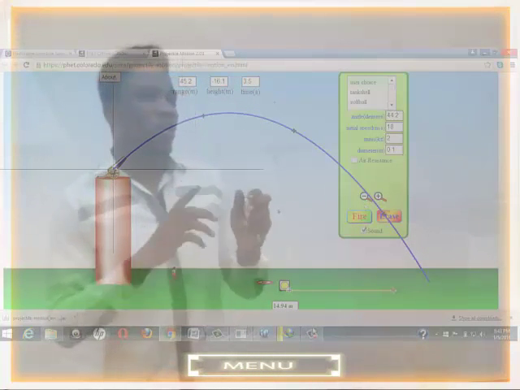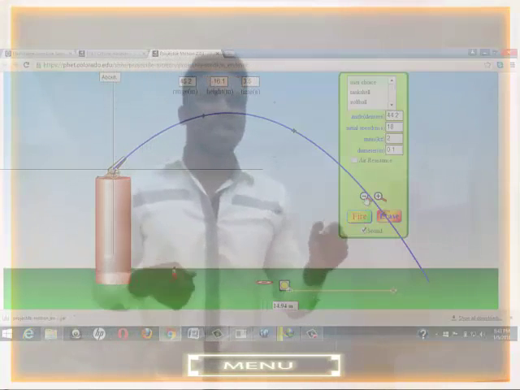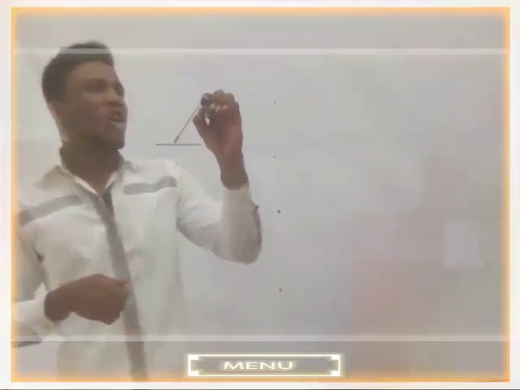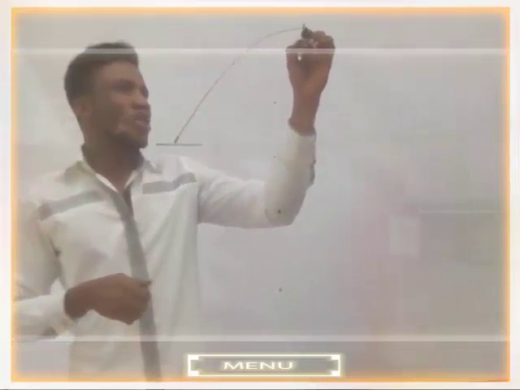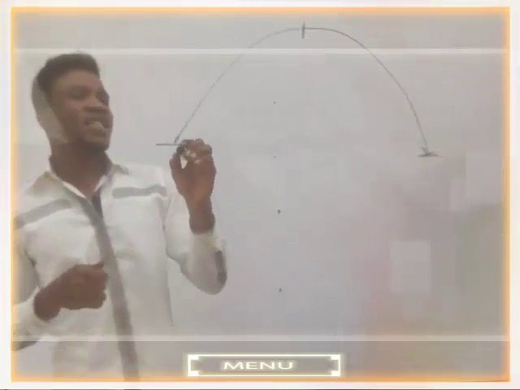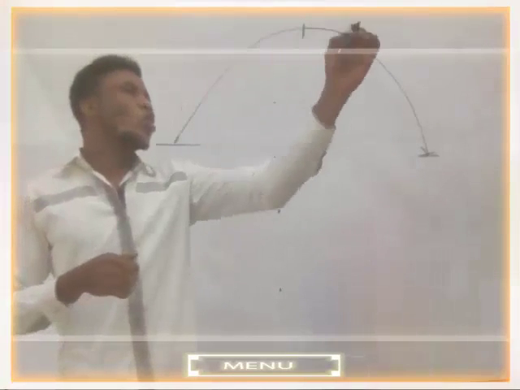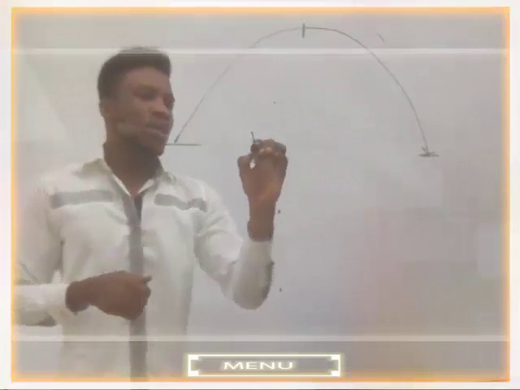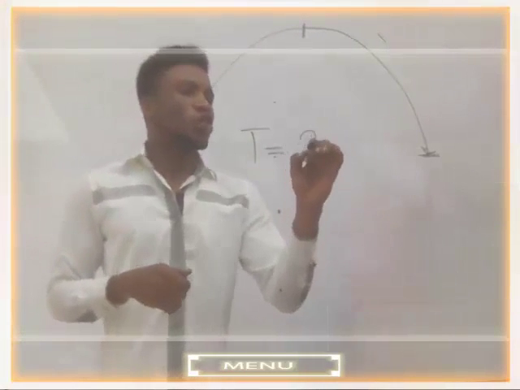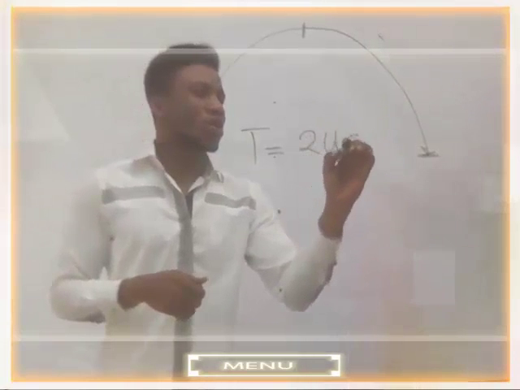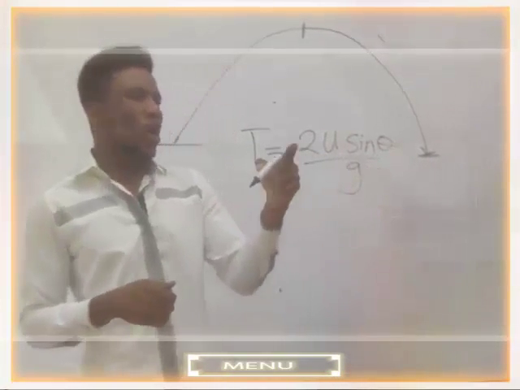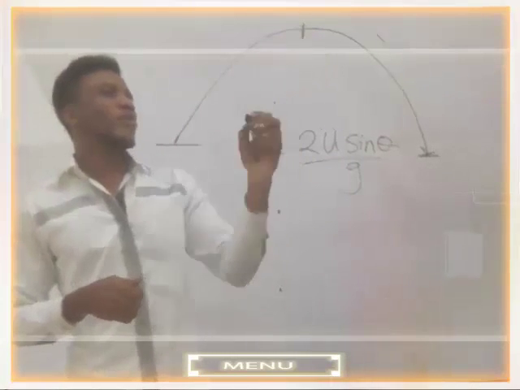An important point on projectile motion is that the time to move upwards is equal to the time to move back down. The time to complete the total motion is 2u sine theta over g, which is twice the time to go to maximum height.